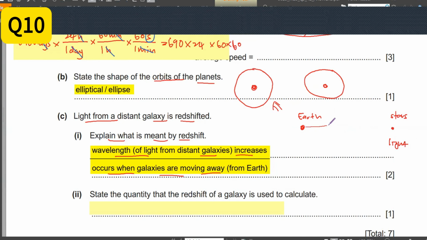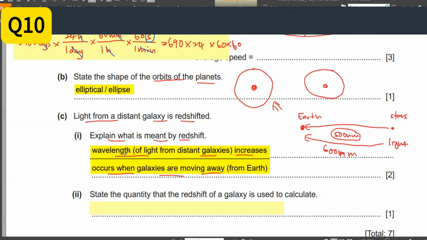Let's say the light is 500 nanometers. We expect the light to be 500 nanometers, but what we actually measure is 600 nanometers. This is quite weird.